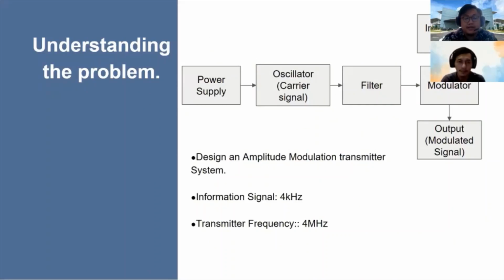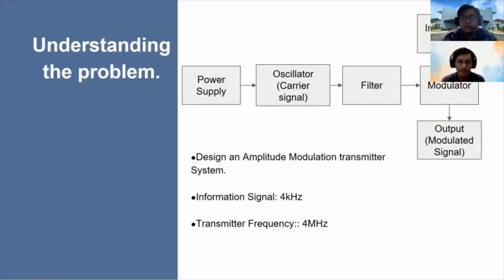So, for our task, we are required to design an amplitude modulation transmitter system with only two pieces of information given, which are the information signal, which is 4 kilohertz, and we want to transmit a frequency of 4 megahertz.